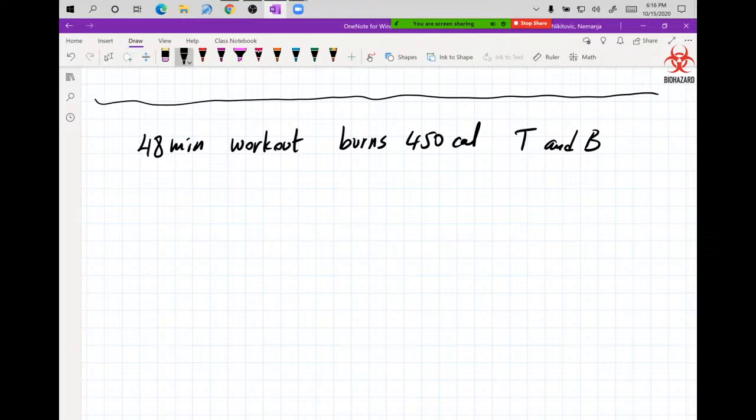So the student burns 12 calories per minute on this one, and burns 5 on the bike.